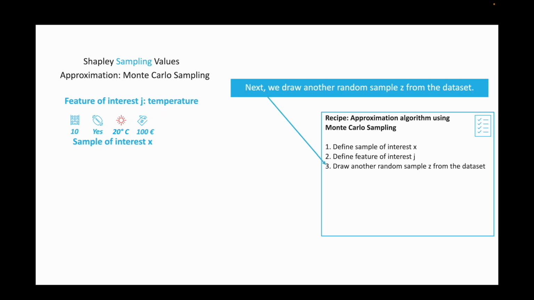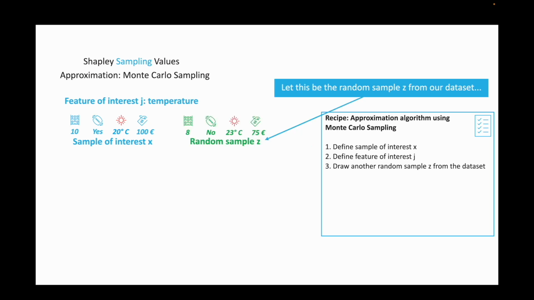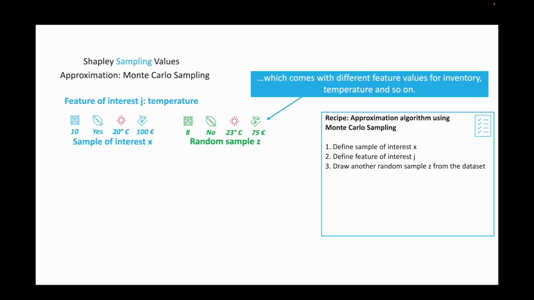Next, we draw another random sample z from the dataset. Let this be the random sample z from our dataset, which comes with different feature values for inventory, temperature, and so on. Next, we will reorder the feature values for our sample of interest x and the random sample z.